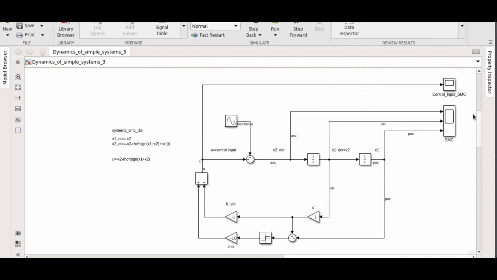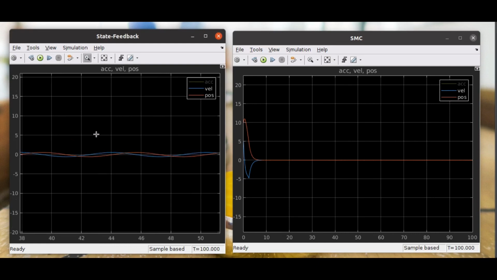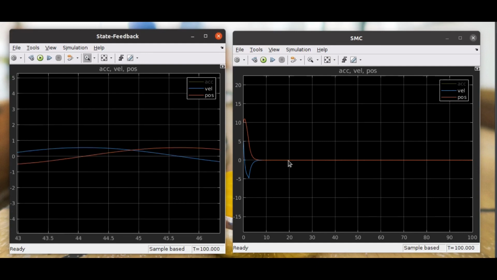We will confine the plots within the range of minus 5 to 5 in y-axis. When we compare the plots, we can easily see that in case of state feedback control, the disturbance is present in both position and velocity, much more than what is present in sliding mode control.